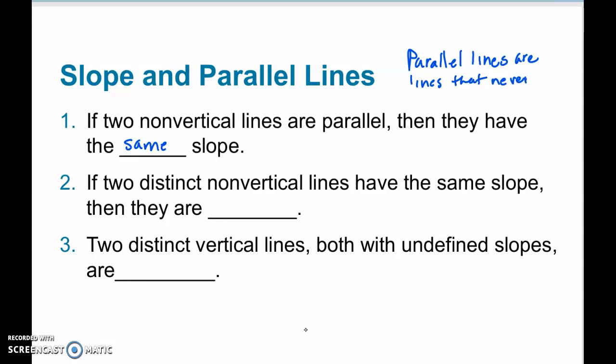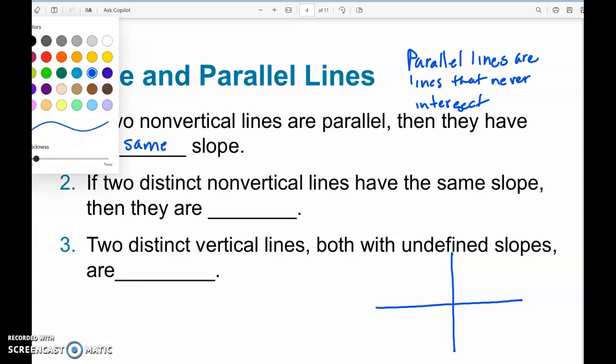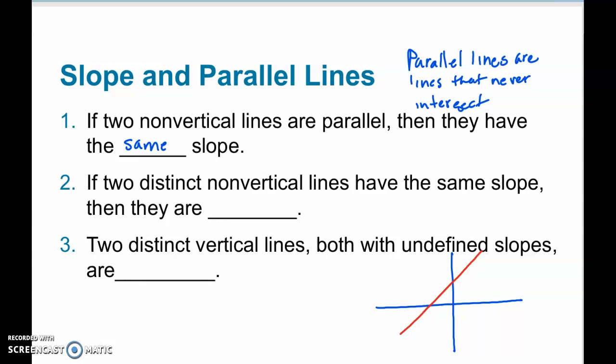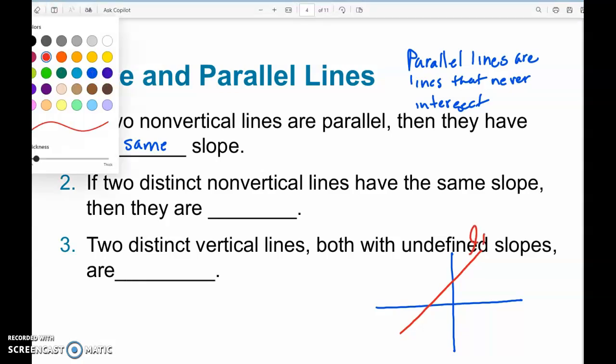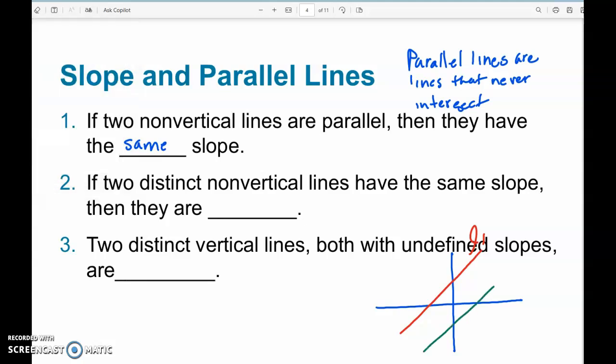So on a graph, what you would see is two lines that look like this, for example. We'll call this line 1, and we'll call this line 2.